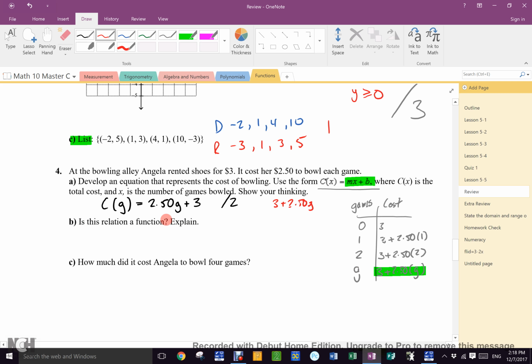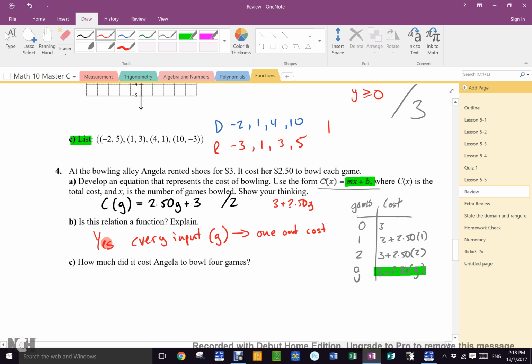Is it a function? Yes or no? Yes, that gets you 1 mark. Explain. Why? Isha. Every input, which is a game, gets you 1 output, which is a cost.